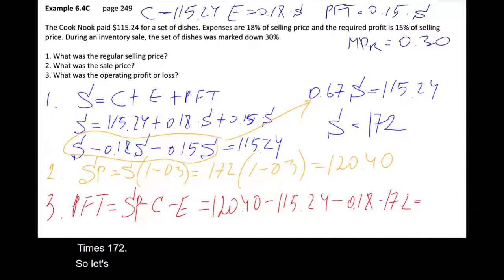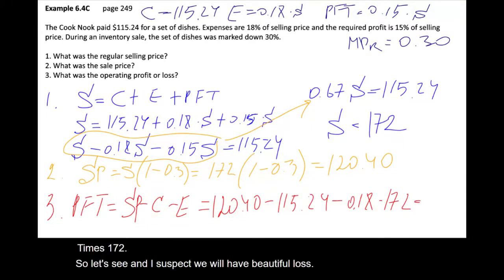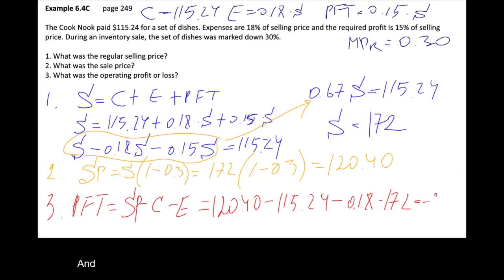So let's see, and I suspect we will have a beautiful loss. And this beautiful loss is minus $25.80. That's it. Any questions?